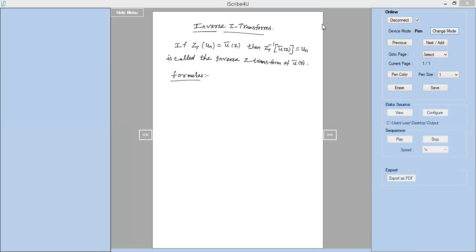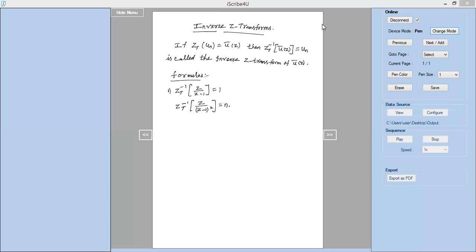First one: Z inverse of z by z minus 1 is nothing but 1. Next, Z inverse of z by z minus 1 whole square is nothing but n.